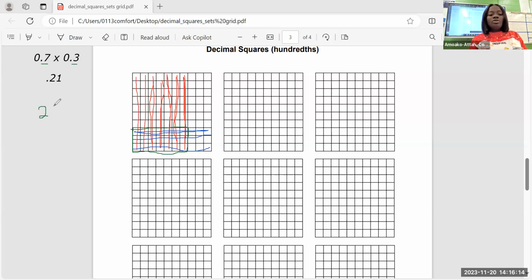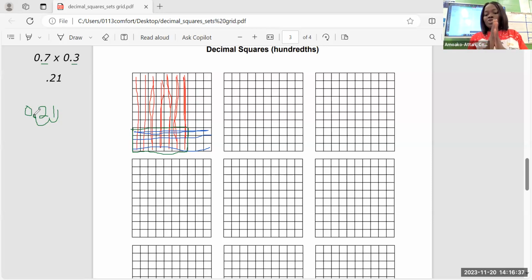Then your digits after the decimal point become 2, so you count off 2 places, 1, 2. Then you apply your decimal point, and that is 0.21. That becomes our final answer. Right, so this is so simple. Is it difficult? No, it is not difficult at all.